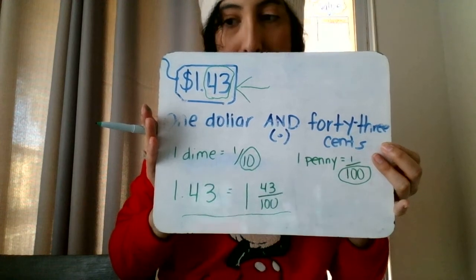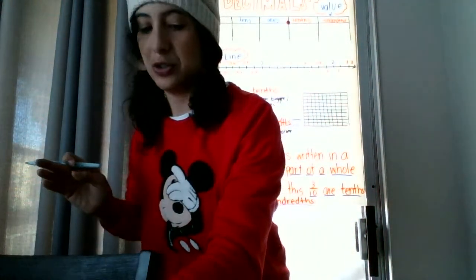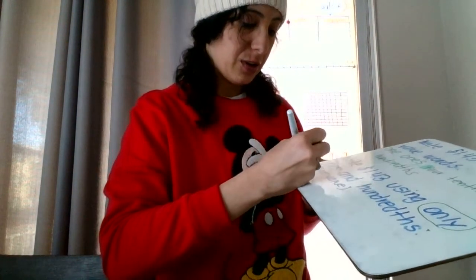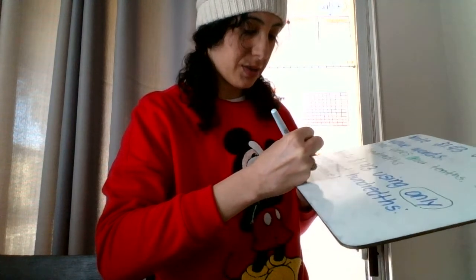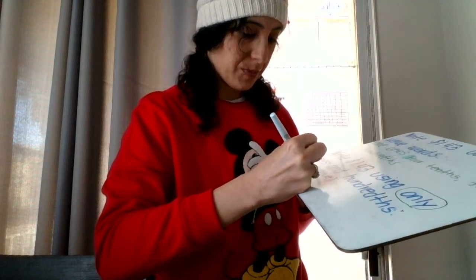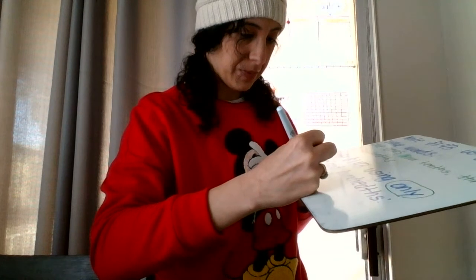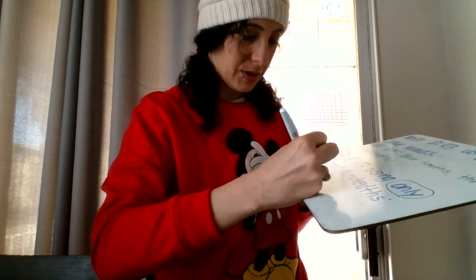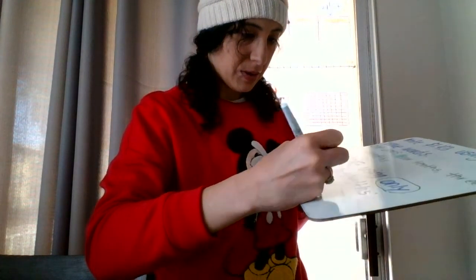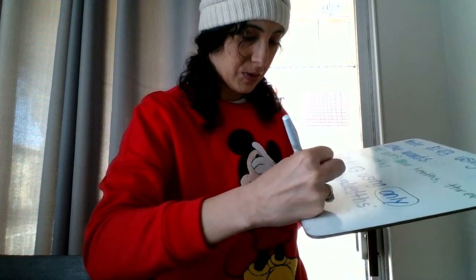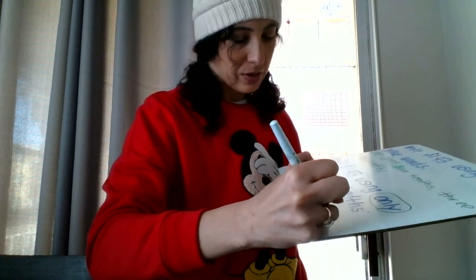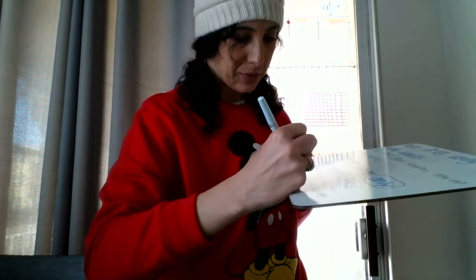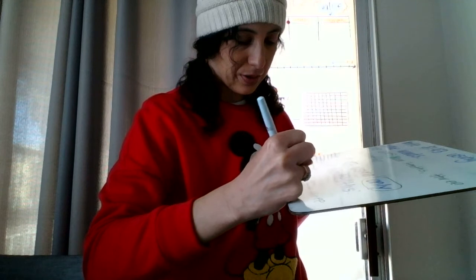Okay. By now, you should have figured out that you can say you have 1 one and 43 hundredths.